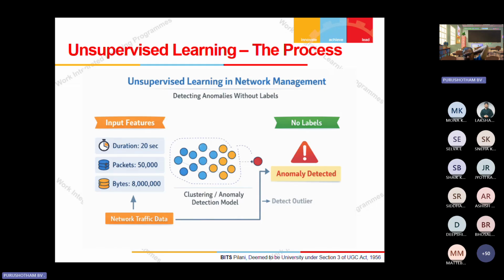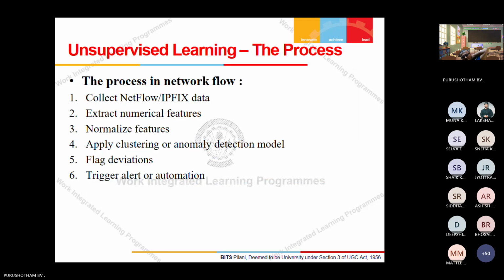Same picture if you take it, with different packet size and duration of traffic. With clustering or anomaly detection, it will detect it as an anomaly. The process in the network flow is to collect NetFlow or IPFIX data, extract the numerical features, normalize the features, and apply the clustering or anomaly detection model.